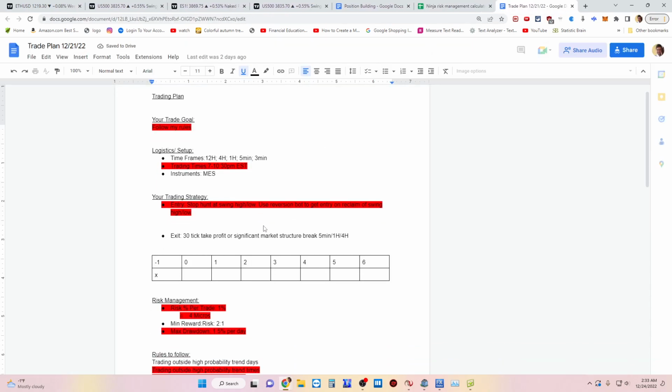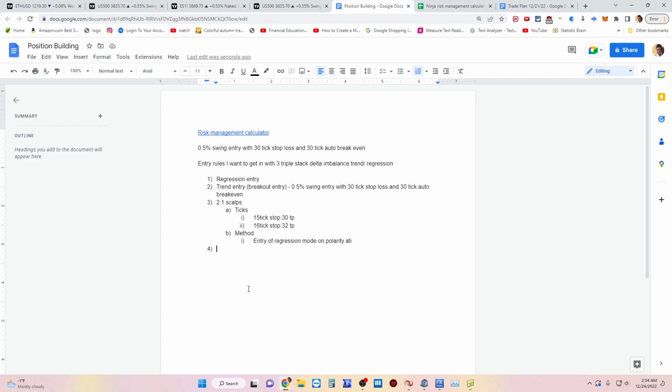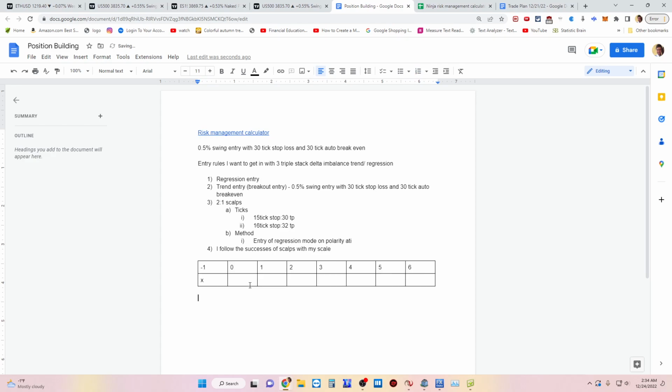So I open this up and I get this scale, and typically this is just a risk management scale. So then I follow the successes of scalps with my scale. This is the scale. So this is to help me know when to stop trading for the day and when I can keep going.